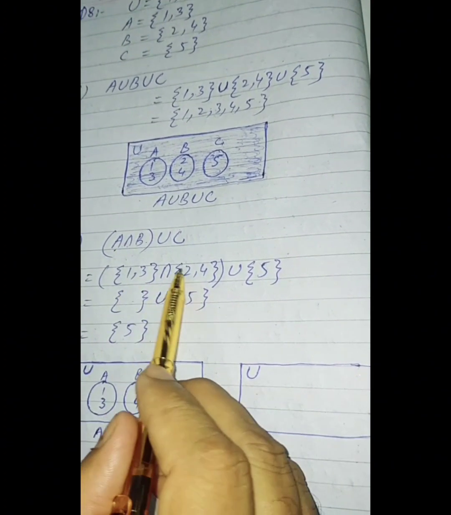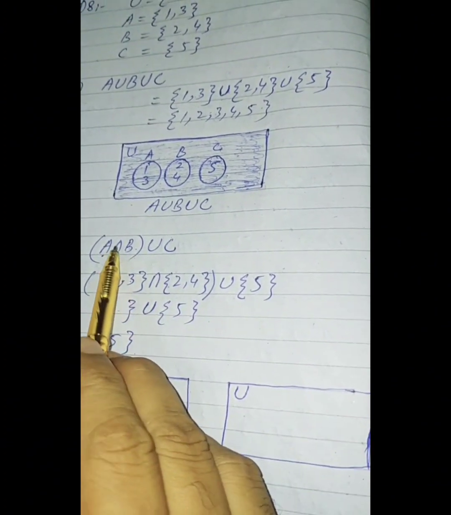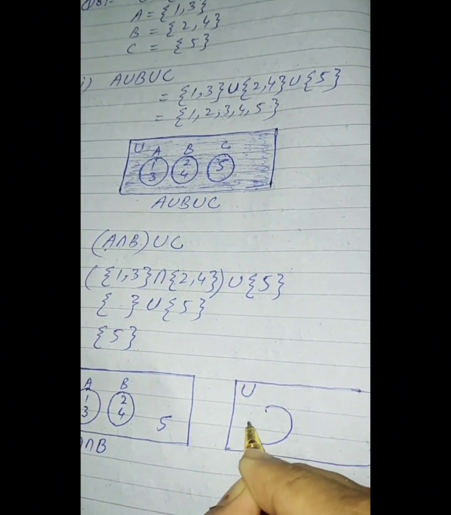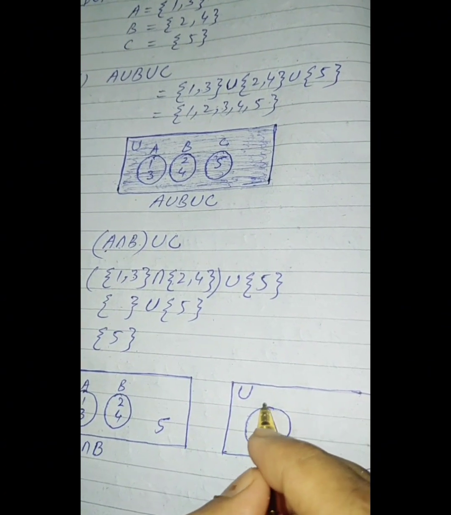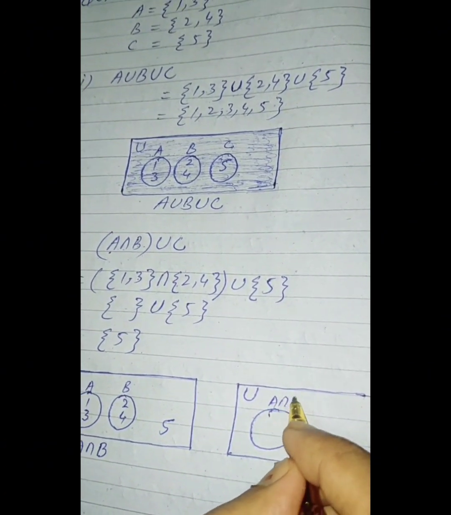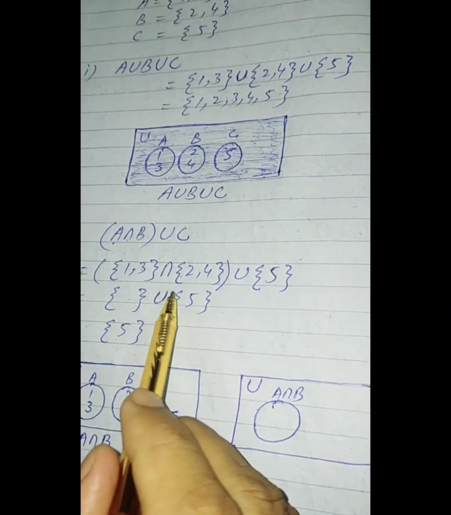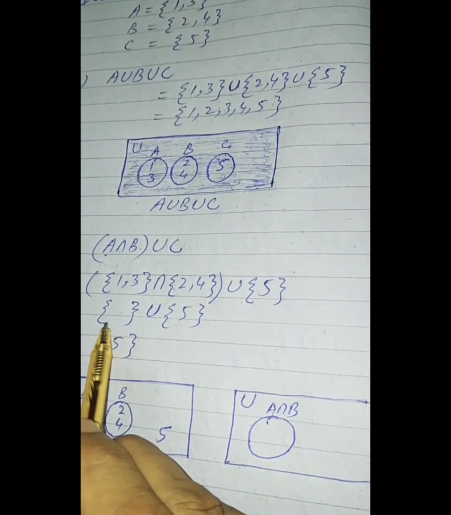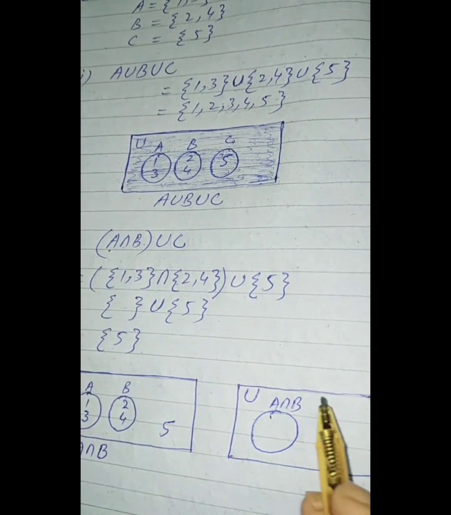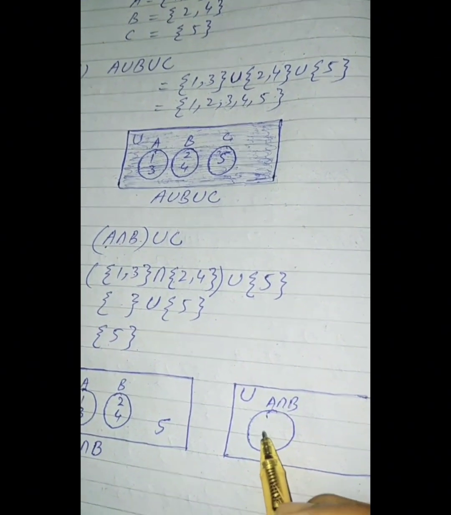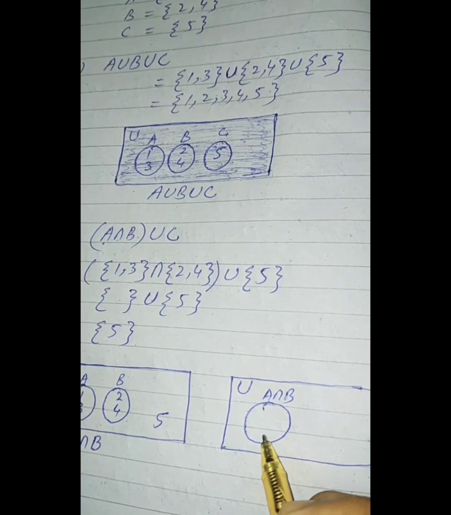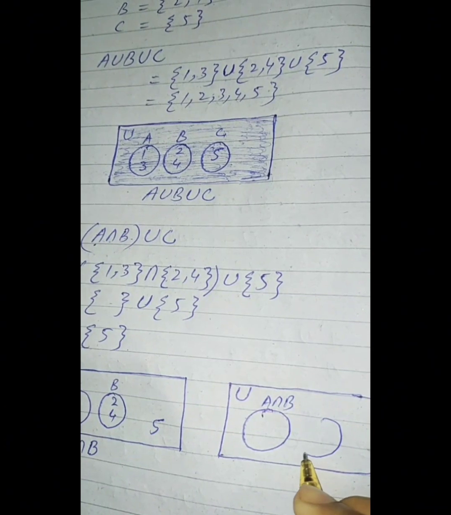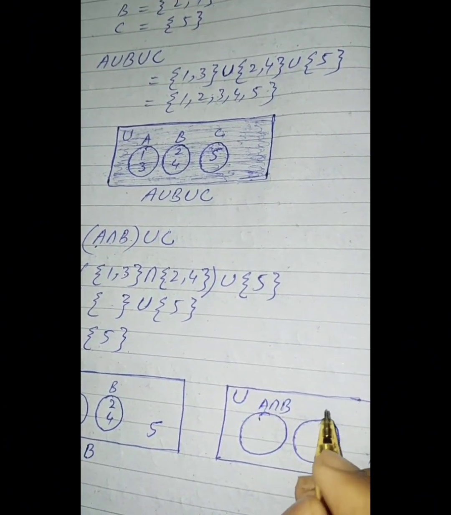Within the bracket we have A intersection B, and that is an empty set. Finally we take the union of A intersection B and set C. So A intersection B will be an empty circle, and then we will show set C whose member is 5.